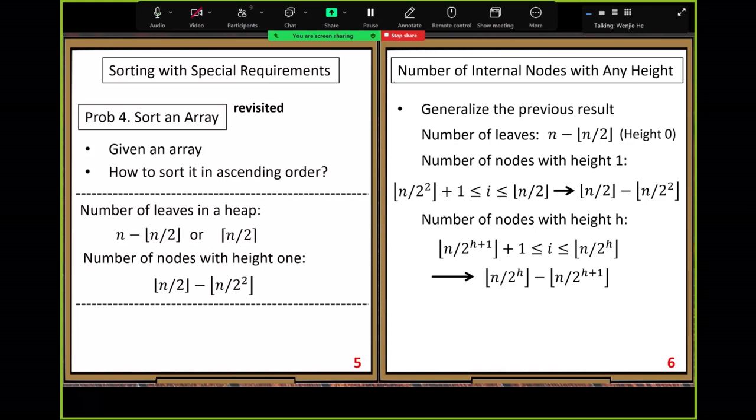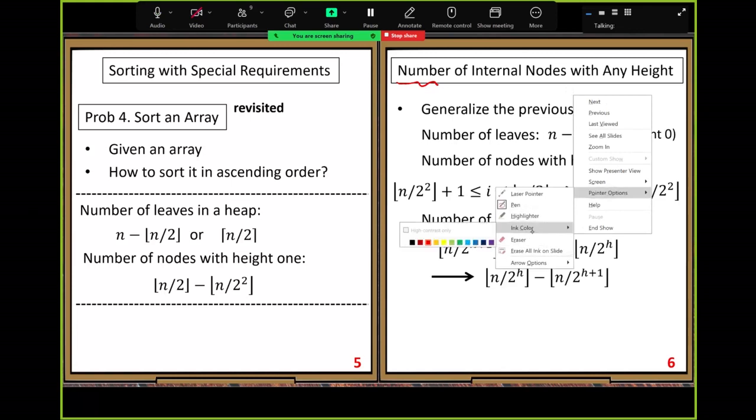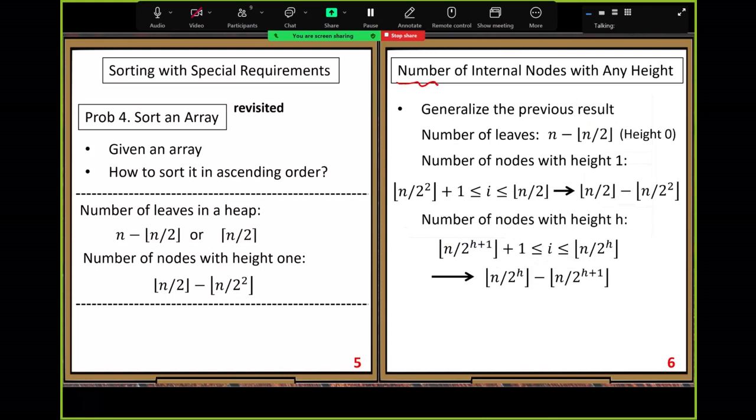Look at this. We just discovered the number of internal nodes with any height.